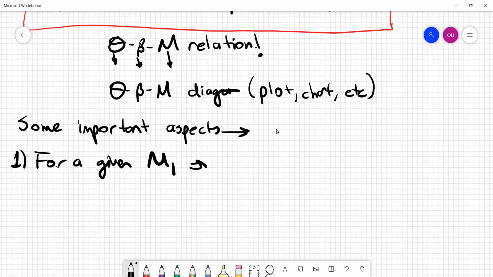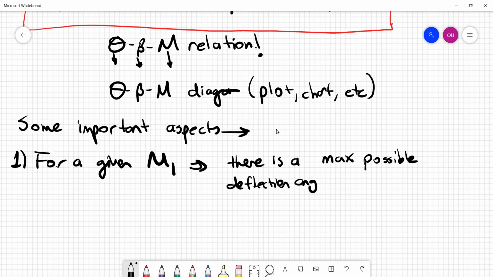This equation shows that there is a maximum value for theta. So there is a maximum possible deflection angle. We can call it theta max, okay?